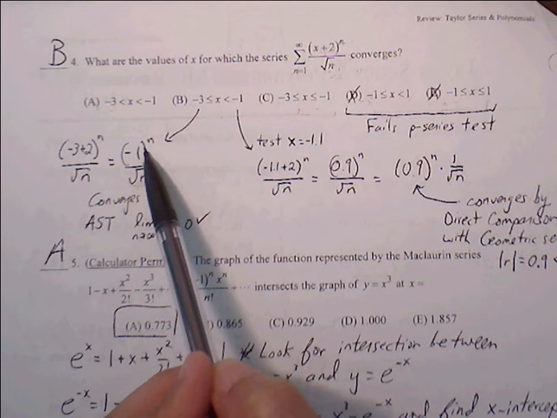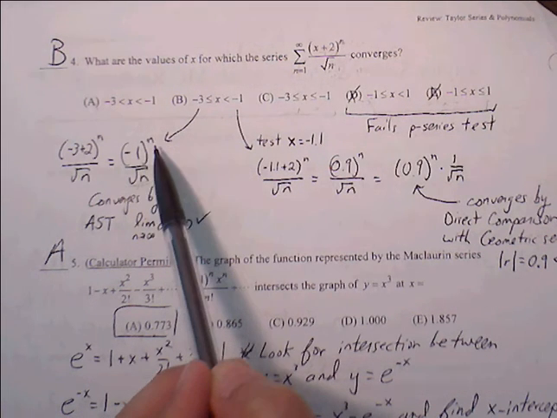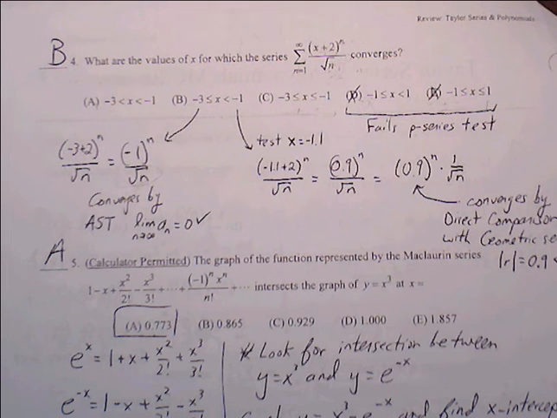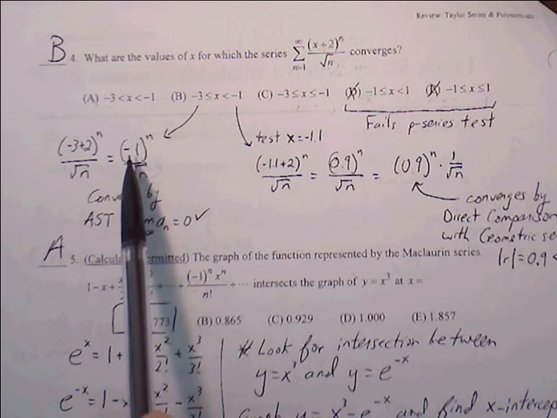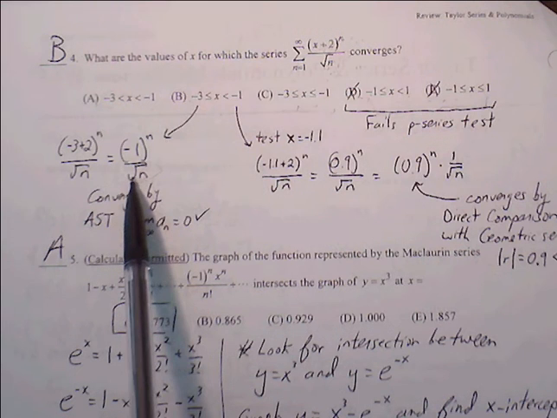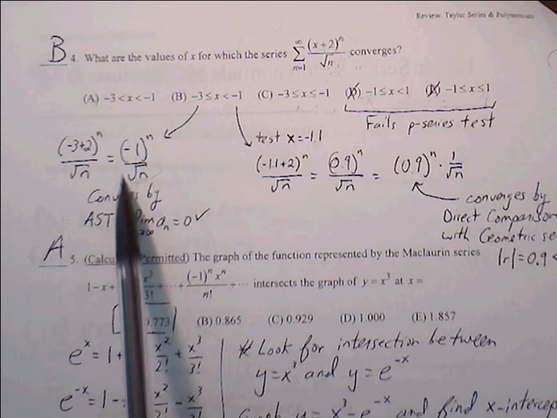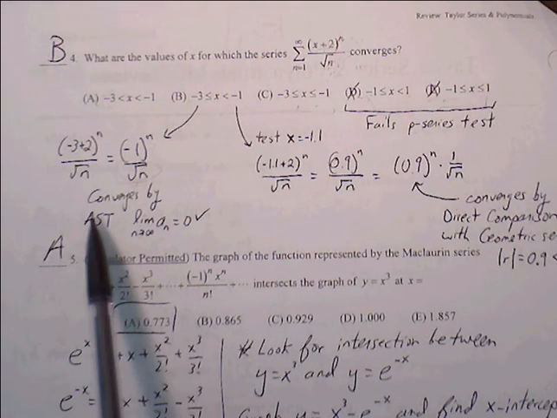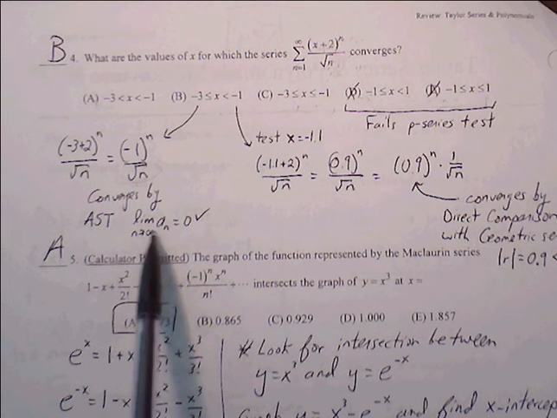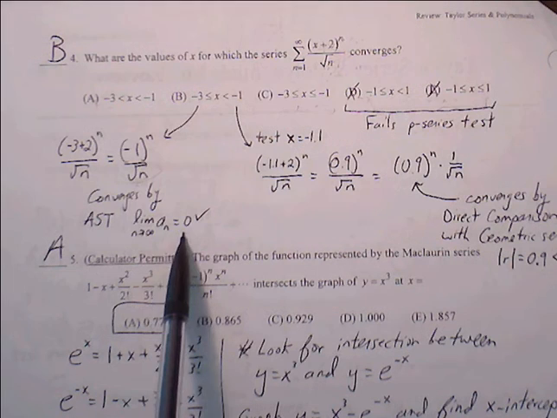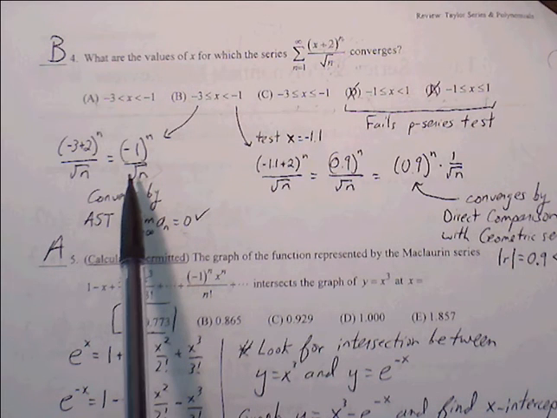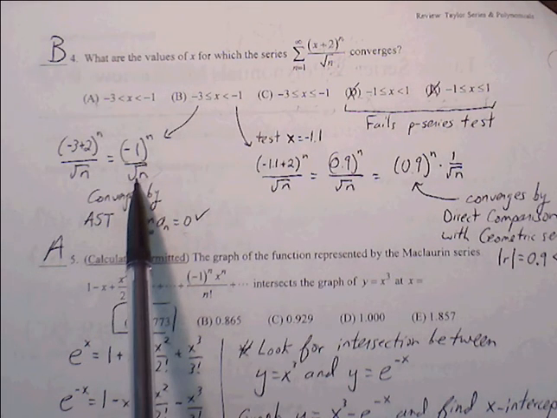However, because this is alternating, the restrictions for a converging series are a little more relaxed, because all that needs to happen for the 1 over root n is that it just needs to go to 0. So the limit of the positive form of 1 over square root of n does go to 0, and that's enough for this alternating series to converge.